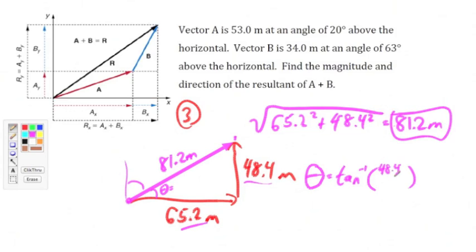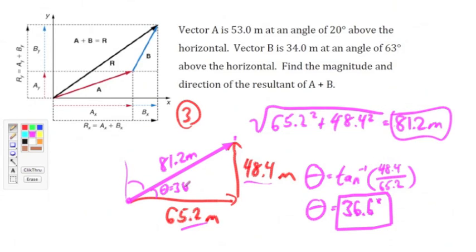So if I take my opposite, 48.4, over my adjacent, 65.2, and I calculate the inverse tangent of this quantity, I will get 36.6 degrees. Do make sure your calculator is in degrees when you do this kind of problem. But then that will tell us everything that we need to know about this combined vector, this resultant. 36.6 degrees, 81.2 meters for the magnitude. That's it.